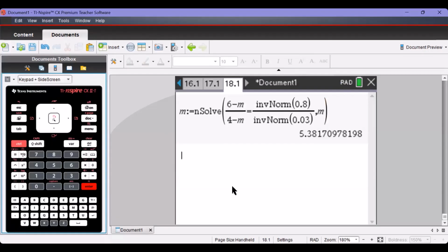Now we're going to do something similar to find sigma, which I'm going to call S, and I'm going to use equation 1.